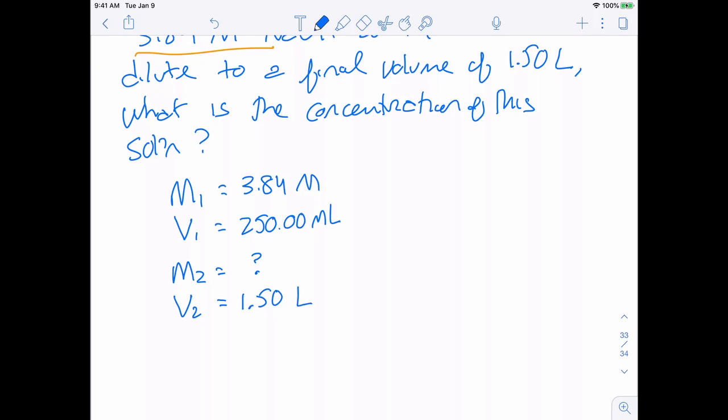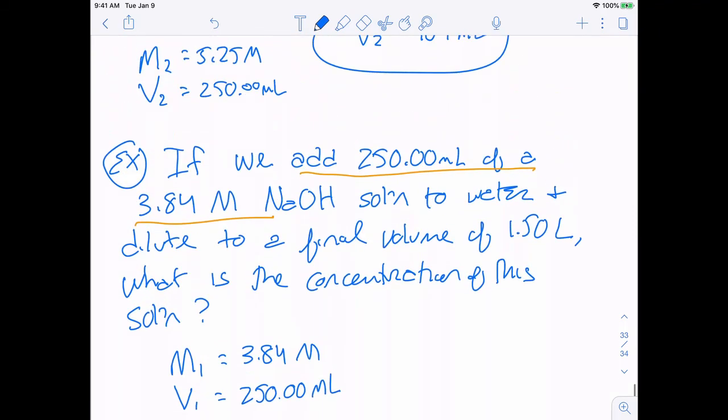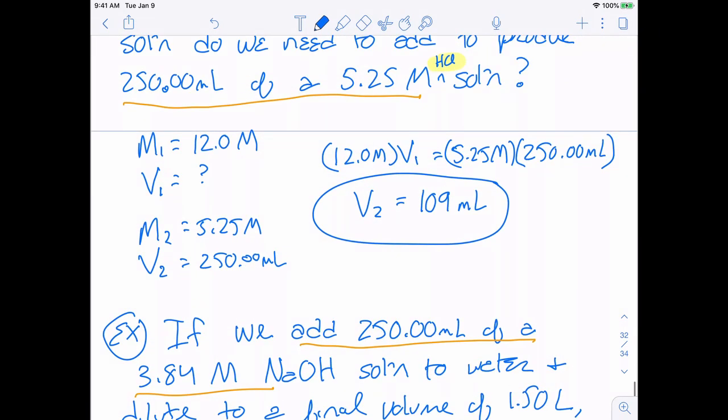So from a unit standpoint, those volumes need to cancel, right? If I go back up to this one, I didn't really talk about units much. But what I did is I took the molarity, multiplied it by milliliters, and then I divided it by molarity. If I was to rewrite it, 5.25 molar, 250.00 milliliters, and then 12.0 molar.